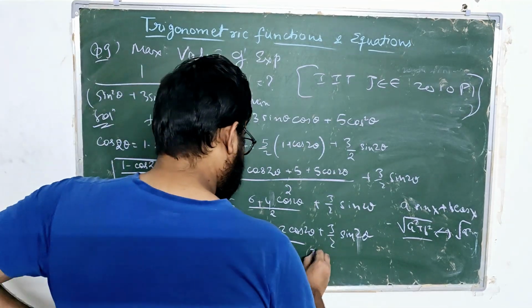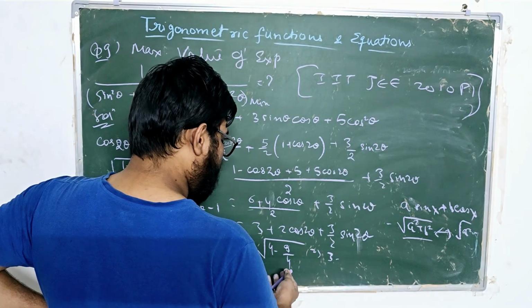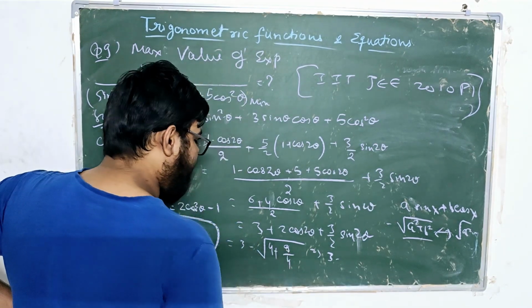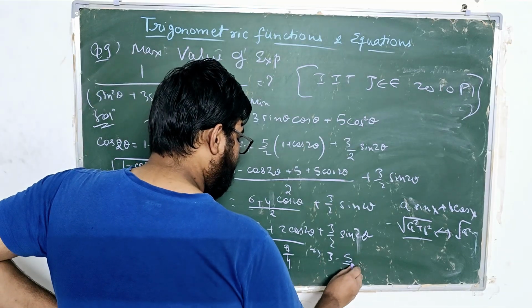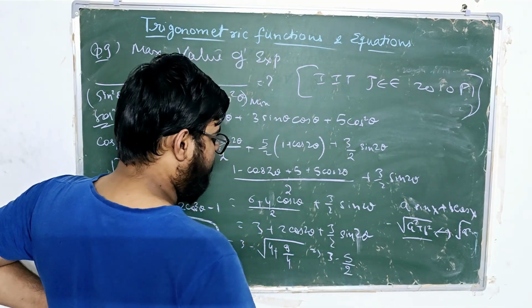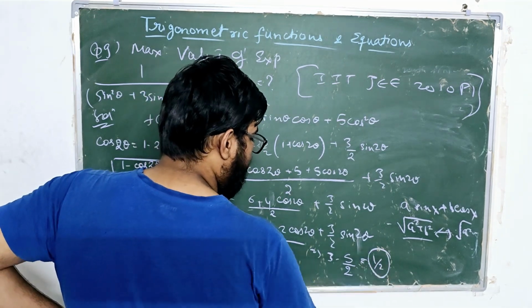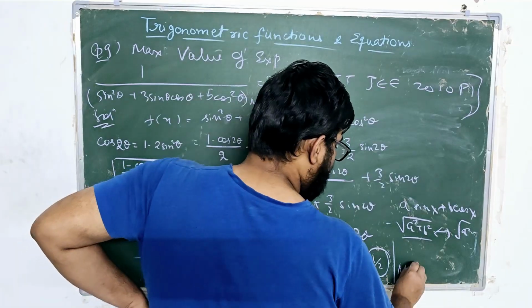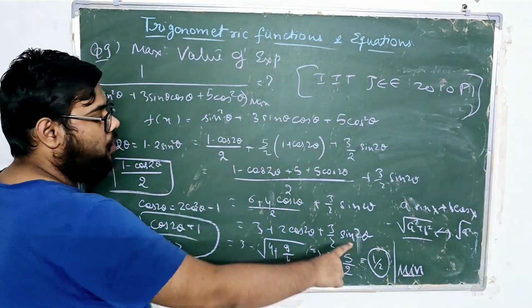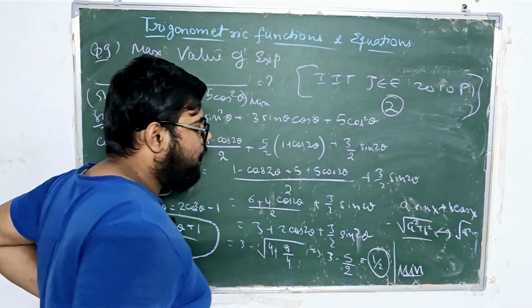Correct? So 3 minus 16, minus we will add it. Okay, so it will be 16. So 5 by 2, so it is equal to 1 by 2. So this is the minimum value. So when you take its reciprocal, you will get the maximum value of this function. So it is 2, right?